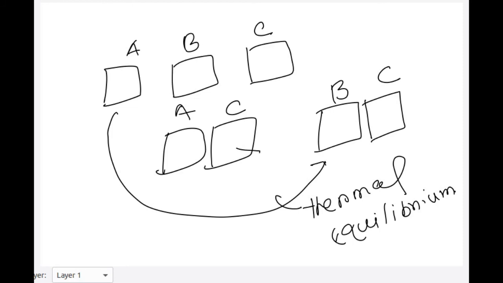We can summarize these results in a statement that is known as Zeroth Law of thermodynamics or the law of equilibrium. If objects A and B are separately in thermal equilibrium with a third object C, then A and B are in thermal equilibrium with each other.